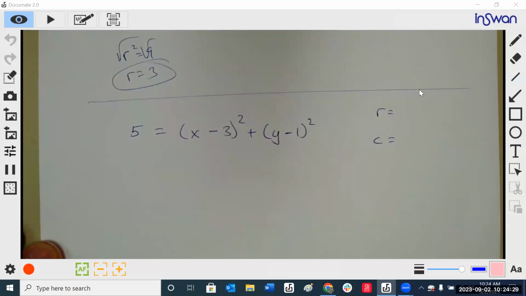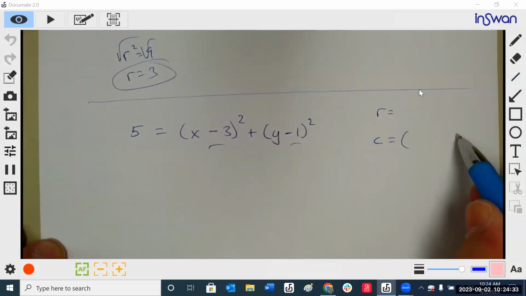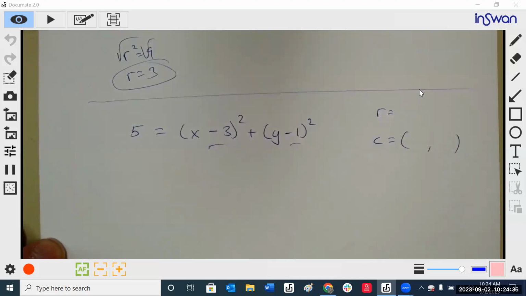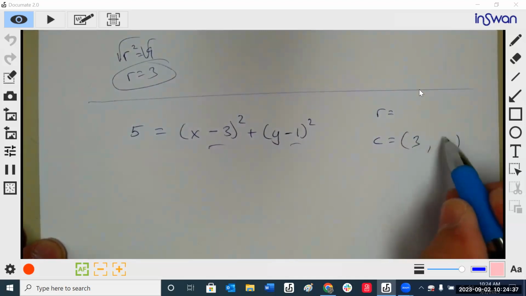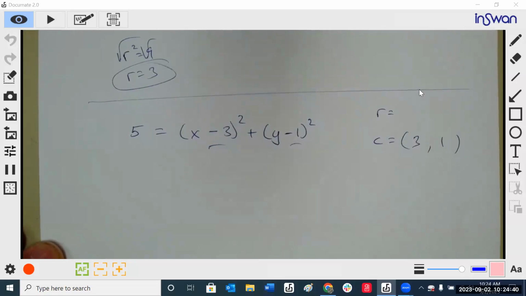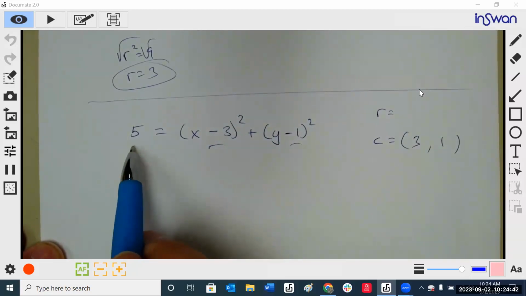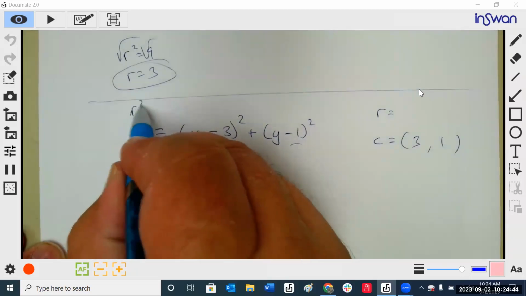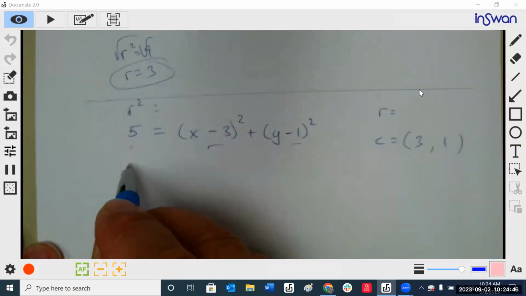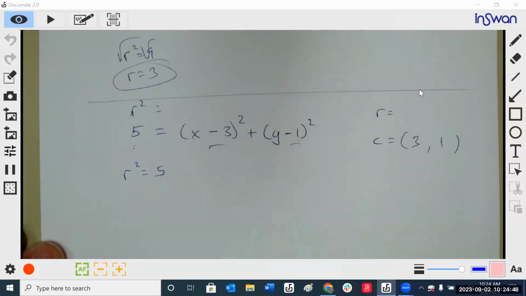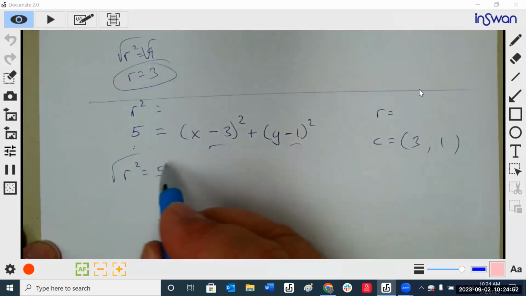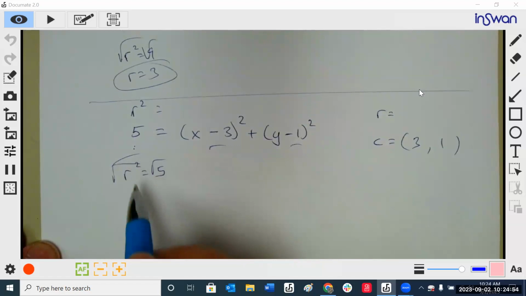Center. The center is just reading the numbers. There's no work involved there. So what's the center? Zero work. Now the radius, we have to do some work. Because remember, this is r squared equals. So r squared equals 5. Square root both sides. R equals square root of 5.